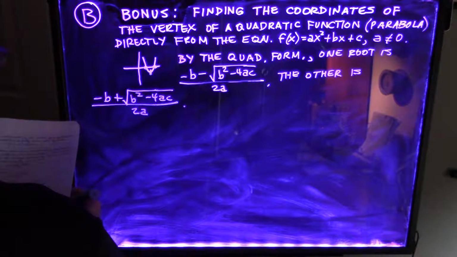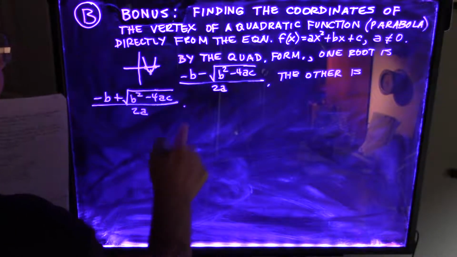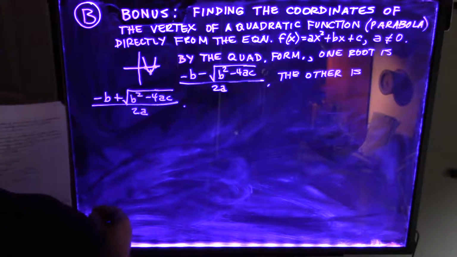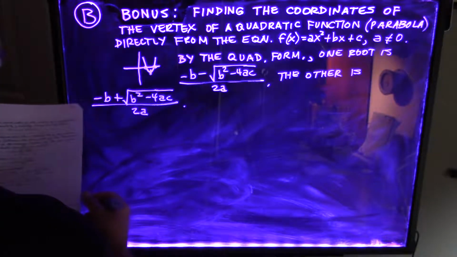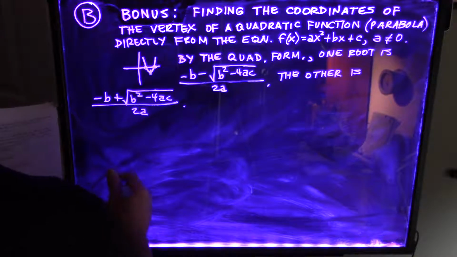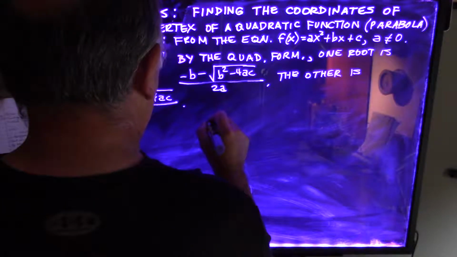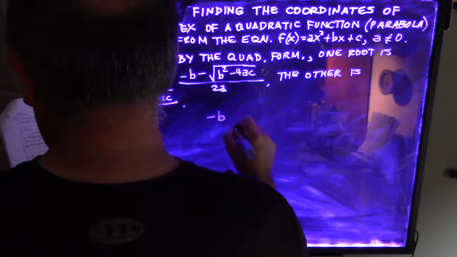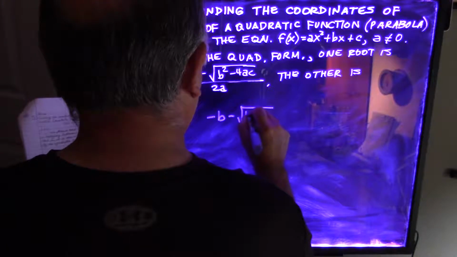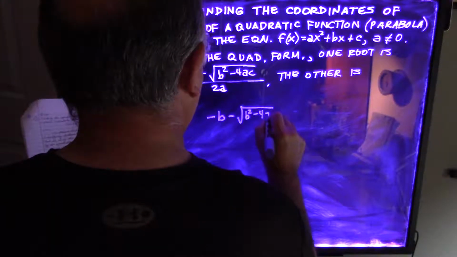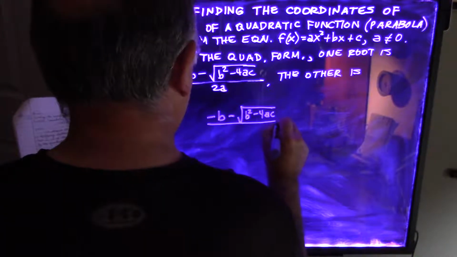So that gives you the two roots, plus or minus, right in front of the radical sign there. Okay? So what we'll do is take the average of these two roots. How do you do that? You add these two and divide by 2, right? There's two numbers. You add them, and you divide by 2. We've got negative b minus square root of b squared minus 4ac all over 2a.